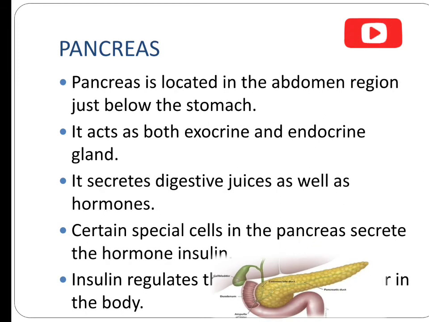Next is the pancreas. This pancreas is located in the abdomen region, just below the stomach, and it acts as both an exocrine and endocrine gland, or we can say it is also called a dual gland. And this pancreas secretes digestive juice as well as hormone.